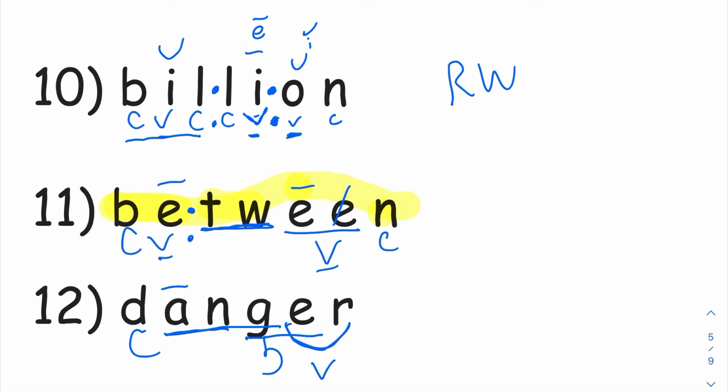Now this can be tricky to divide. Where do you hear the two syllables there? Because you would like to keep this together. Danger. Even though we have that, I might keep that right there. Danger. Good.